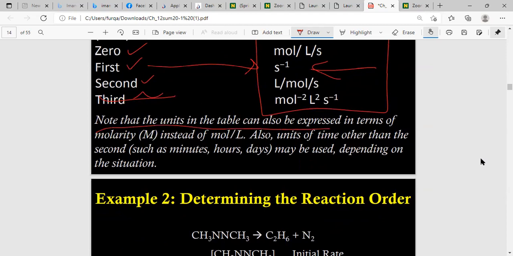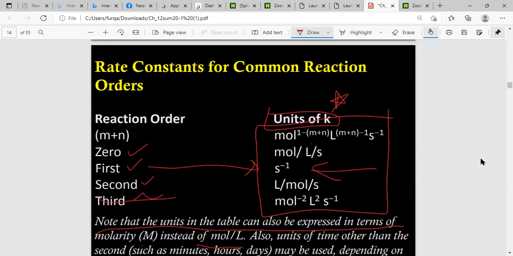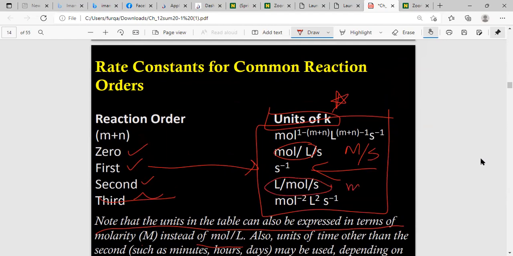Most important thing is that the units in the table can also be expressed in molarity instead of mole per liter. So instead of this, you can say molar concentration per second. You really do not need to. And this means per molar. Oops, sorry.